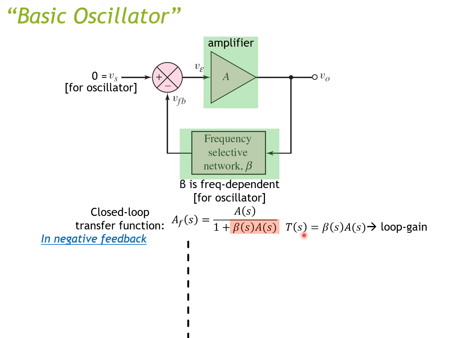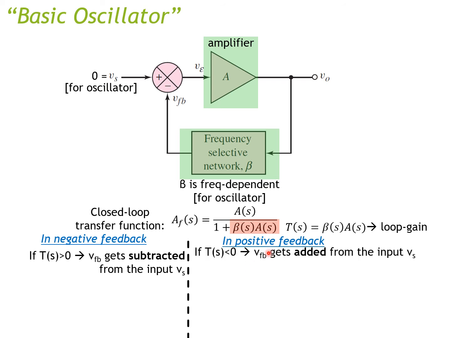So in negative feedback, you know that for stable negative feedback, you have T(s) to be larger than 0, or positive. And if the loop gain is positive, you have the feedback signal being subtracted from the input, right?